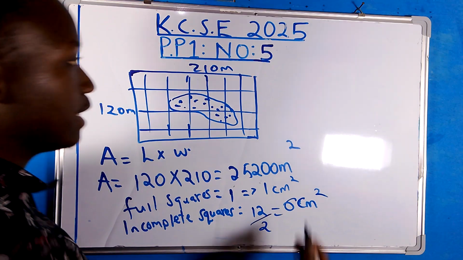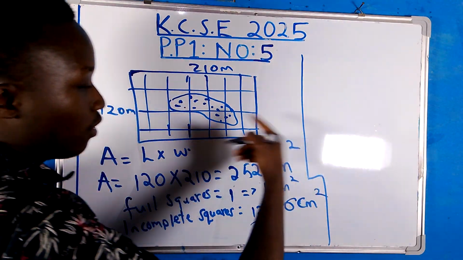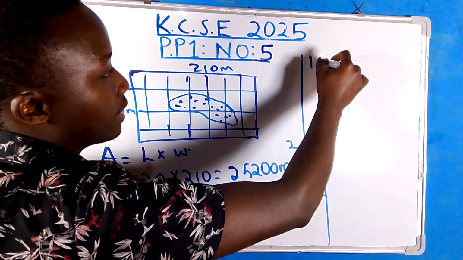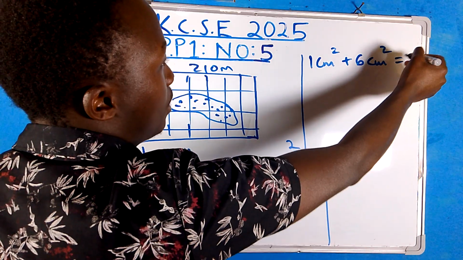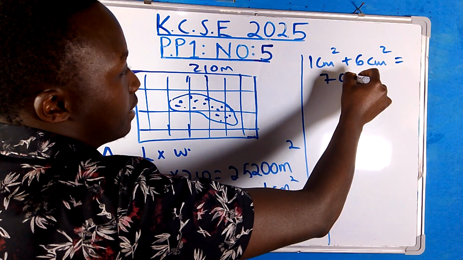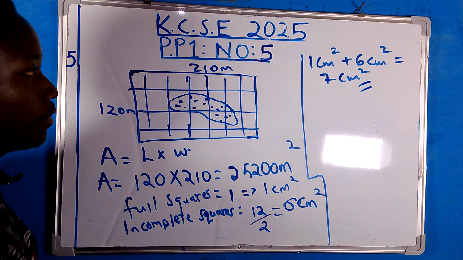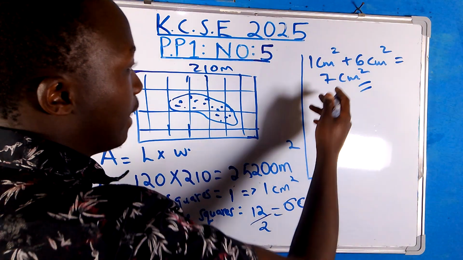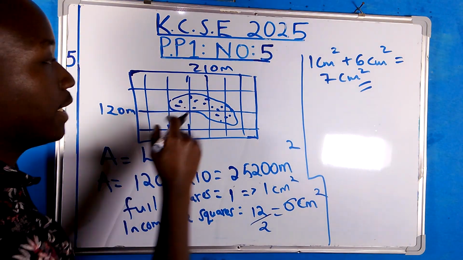So for us to get the total area of the shaded or flooded region, it will be 1 centimeter squared plus 6 centimeters squared, which will give us 7 centimeters squared. So this is the drawn area, to scale, of the shaded region.